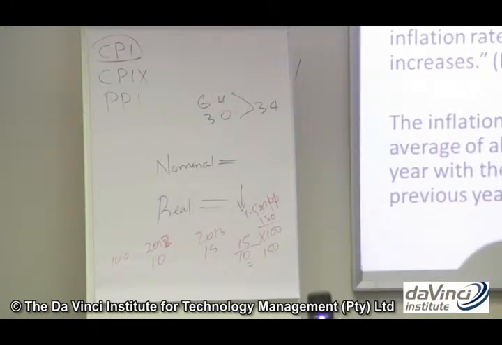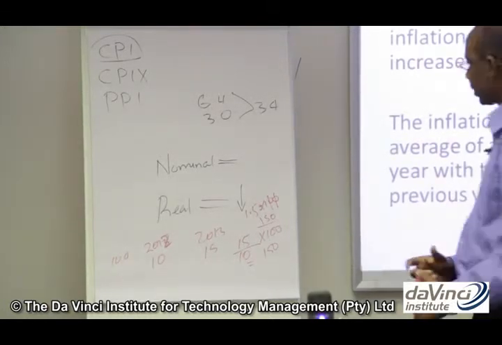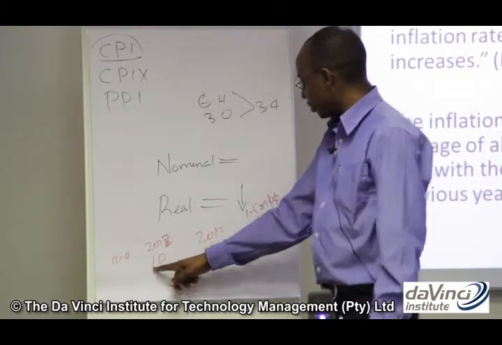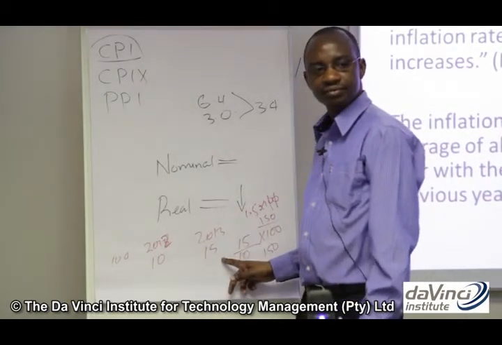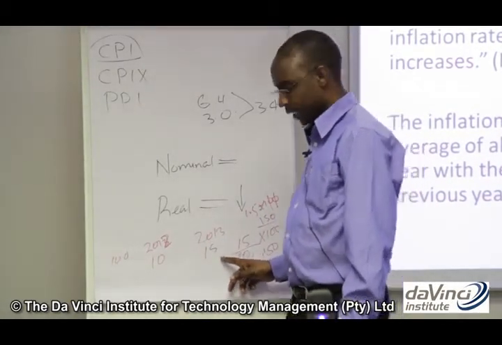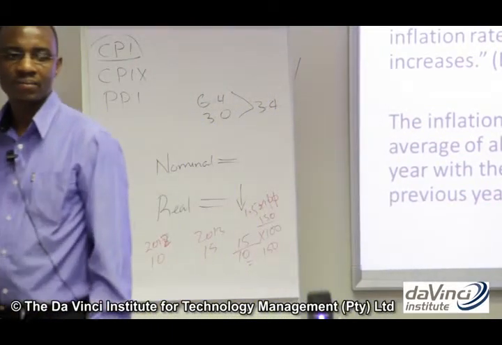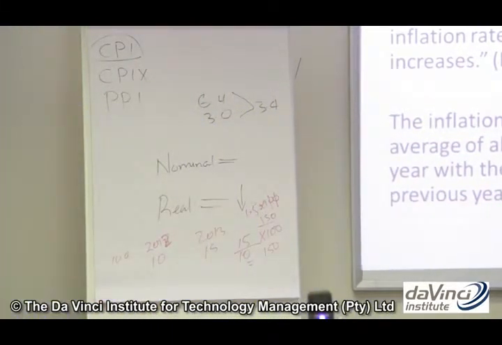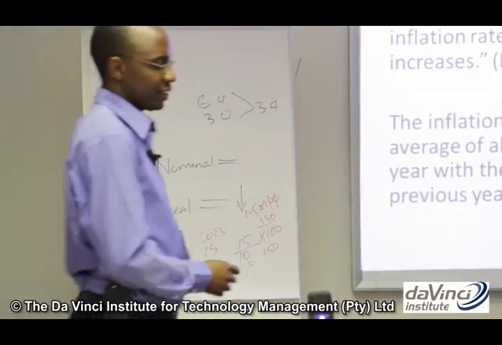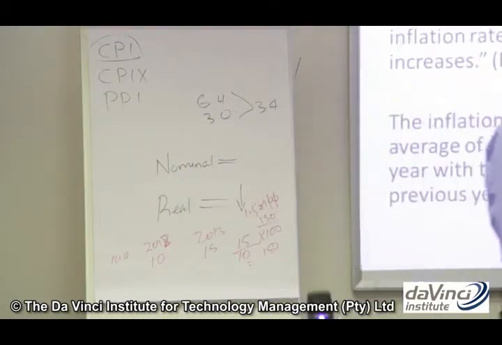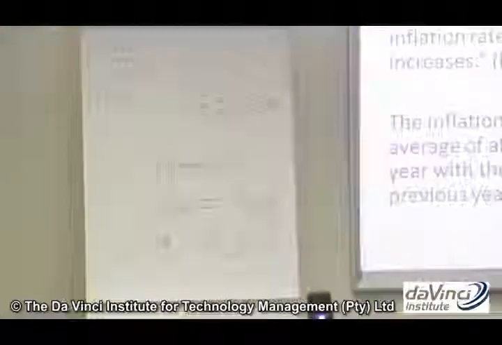You see that? The same goes for the next product: this year's price divided by last year's price times 100. So this is how Statistics South Africa calculates inflation as an index.